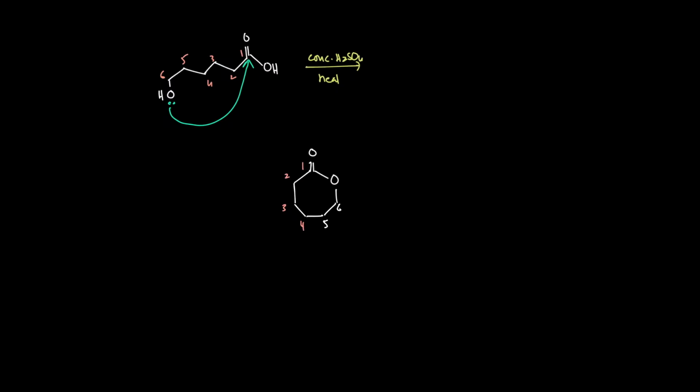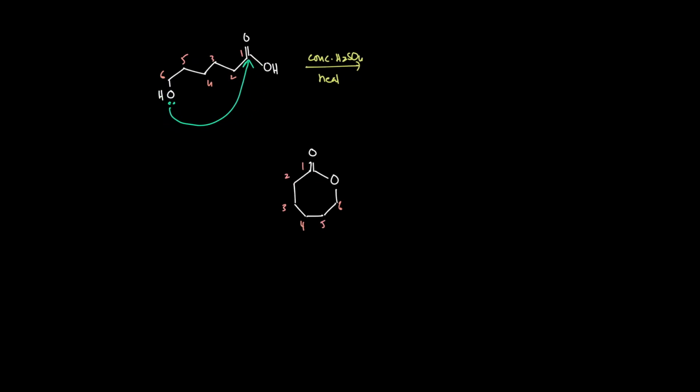Can everyone see that over here? What I did here was that the carbon with the OH, that was carbon number 6, ended up making an ester linkage with carbon number 1, which was the carbon with the acid group. Essentially, this oxygen has gone and bonded over there.